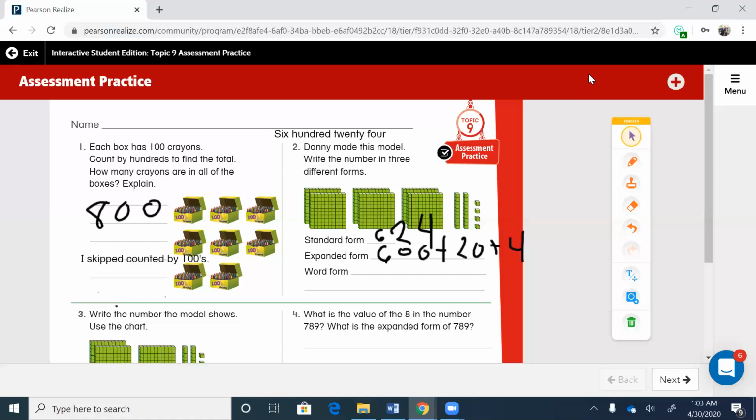Oh, come on. All righty. All right, so those are the 3 that you'll be doing. So remember those keywords. Standard form. That is the number as we normally write it. Okay, expanded form has the plus signs in between, and the word form is made of words.